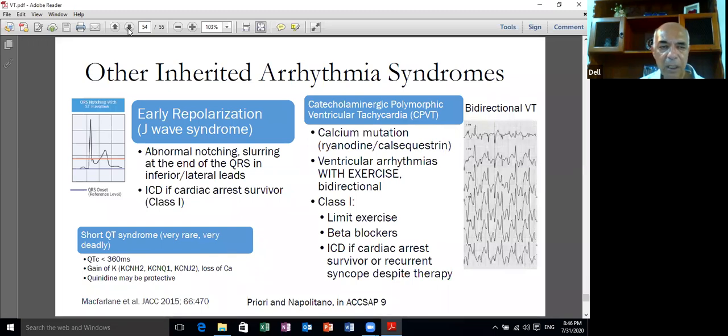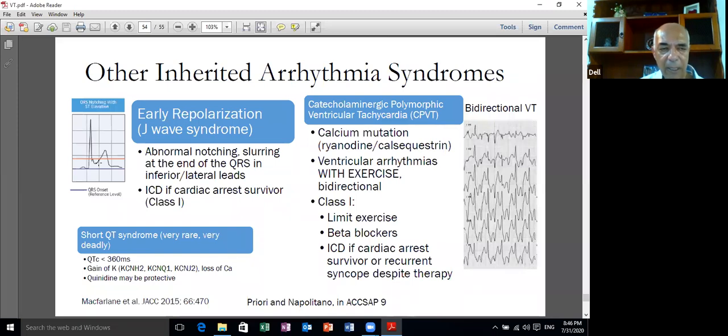Another confusing issue is the early repolarization syndrome described by Haissaguerre, and this early repolarization syndrome is characterized by a notch or a J wave at the end of the QRS complex, and the ST elevation more marked in the lateral precordial leads. Usually a benign condition, but we now recognize that some forms of it are highly malignant. How can you identify it?